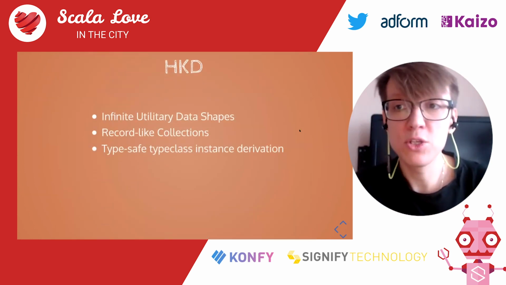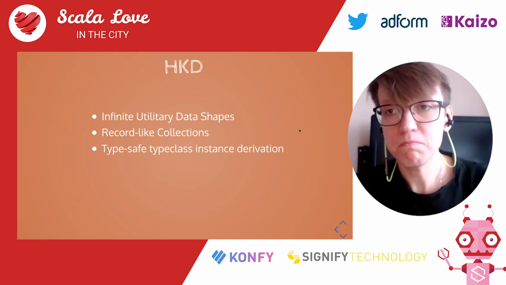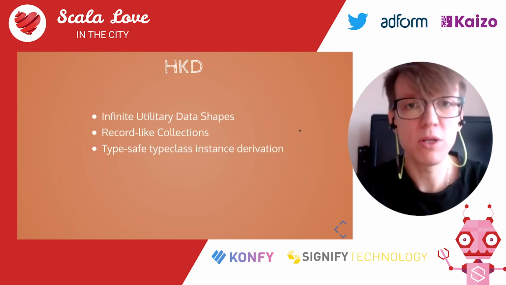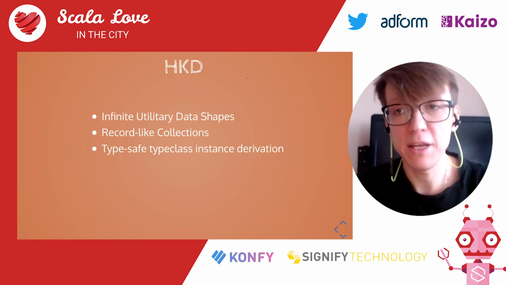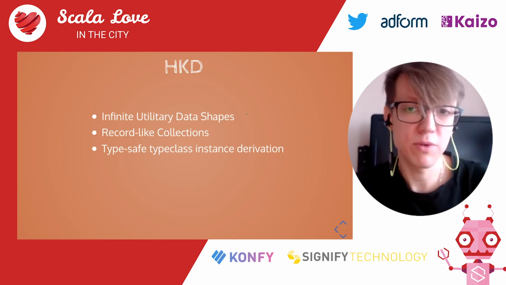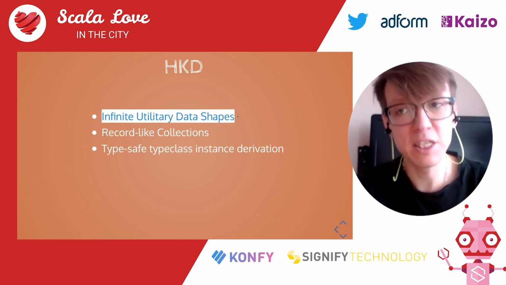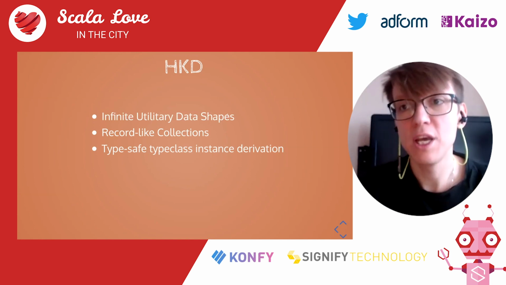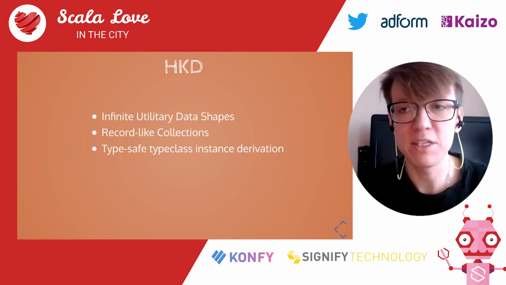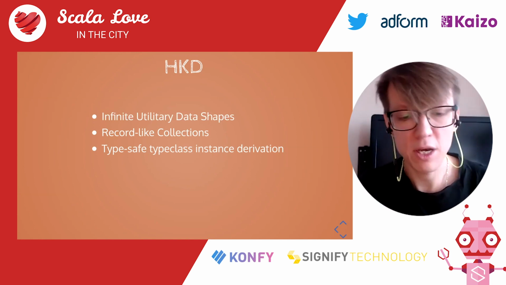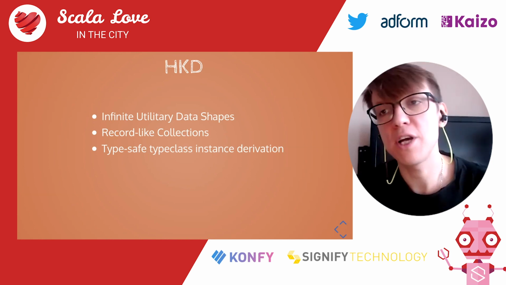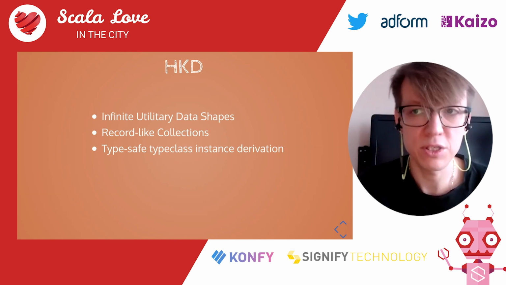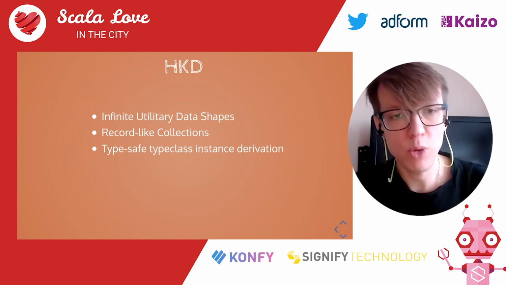So to wrap it all up, higher-kinded data is a way to give an infinite number of single-use utility data shapes for your data type that can live in a type-safe way along with your original data structure, and can be converted and combined in a good way.